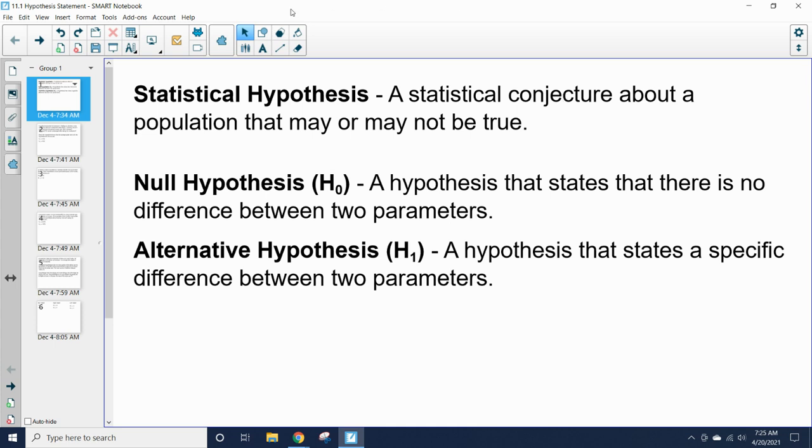When we say population, we mean some sort of sample set or group you are making a statistical conjecture about. Typically, for the cases that we are going to be studying, it's going to be about the mean of that population, so the average score or rate or percentage of some sort of population. That's what we are going to be making hypotheses about.